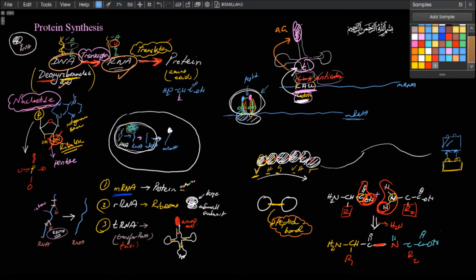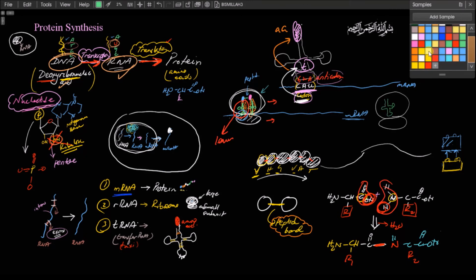As soon as the peptide bond is formed, this transfer RNA leaves. And then the whole ribosomal apparatus moves over here. And then you will have something like this. You have the big ribosome unit, small ribosome unit, and one of the transfer RNAs still sticking around over there.